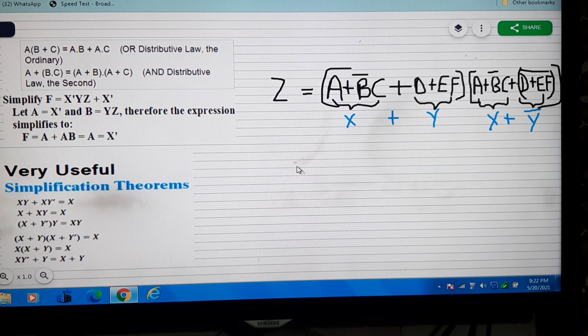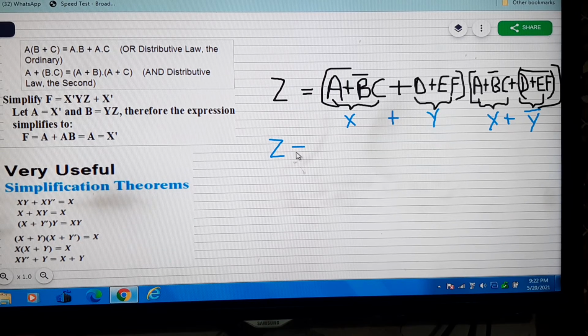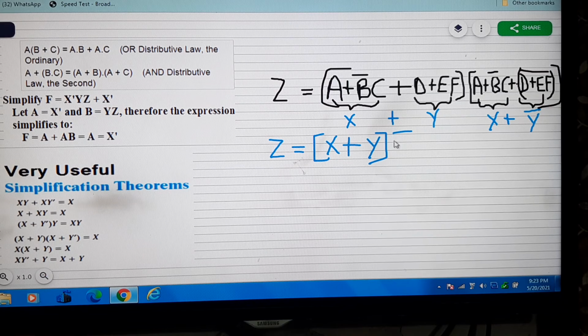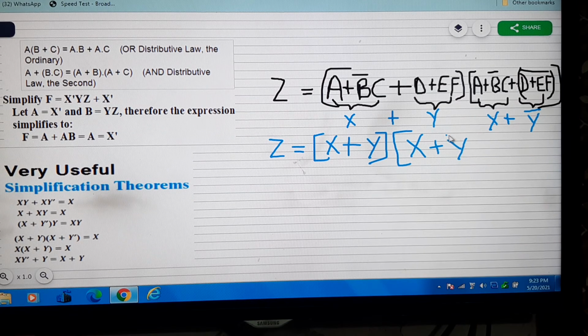Now substituting these variables, the expression becomes z is equal to (x plus y) into (x plus y bar).